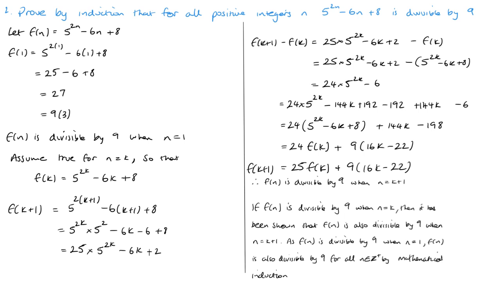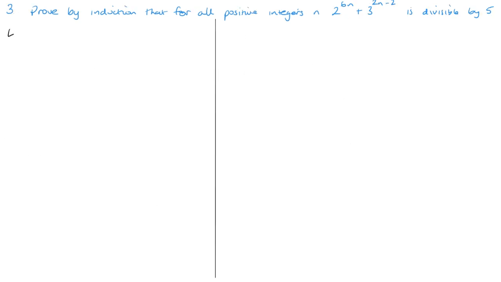Let's have a look at question 3. So let f of n equal 2 to the 6n plus 3 to the 2n minus 2. And then substitute 1 in, so 2 to the power 6 plus 3 to the power 2 minus 2.